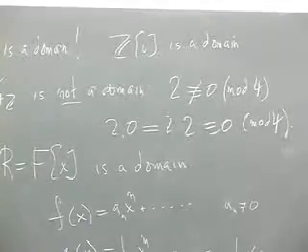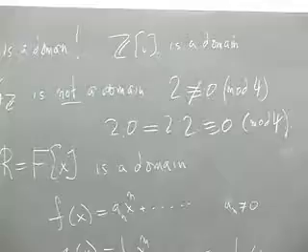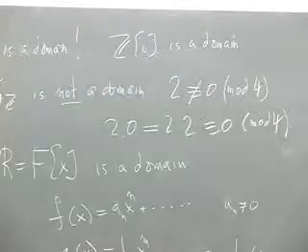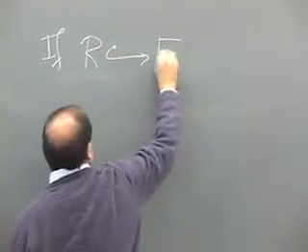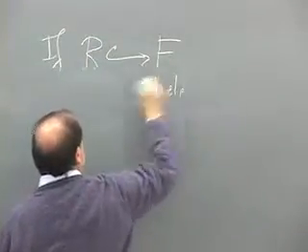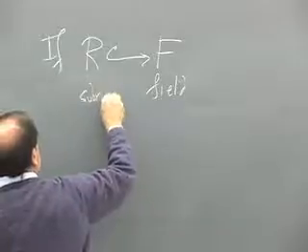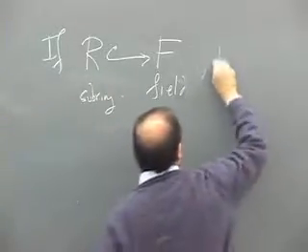Okay, now what's incredibly cool about integral domains is the following. Let's observe that if I have any ring which is a subring of a field, so here's a field, here's a subring, then R is a domain.